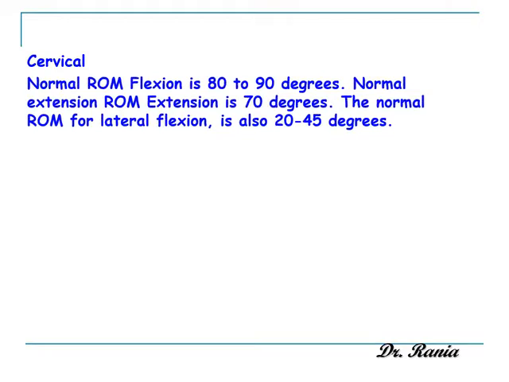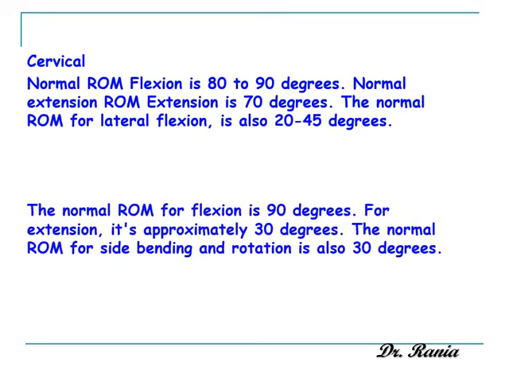The normal extension is 70 degrees. The normal range of lateral flexion in the cervical vertebrae is 20 to 45 degrees. Regarding the thoracic and lumbar spine, the normal range of flexion is 90 degrees, extension about 30 degrees, and the normal range for side bending or lateral flexion and rotation is 30.